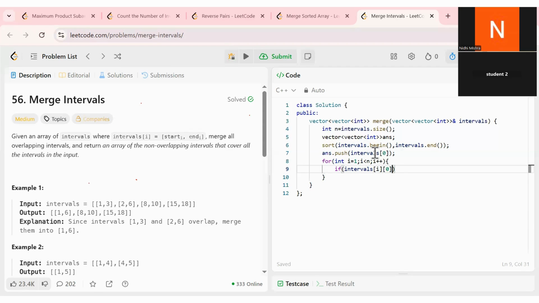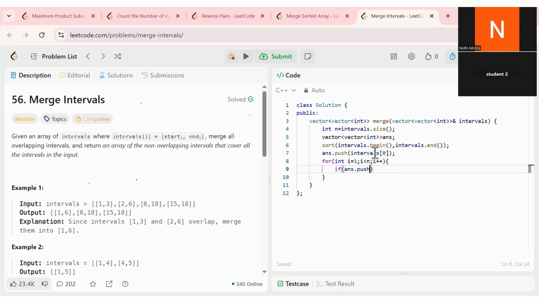It's not always the case, right? Sometimes we are changing the value of the second one. Tell me what I should check. We have to use the answer's last element, answer.back.